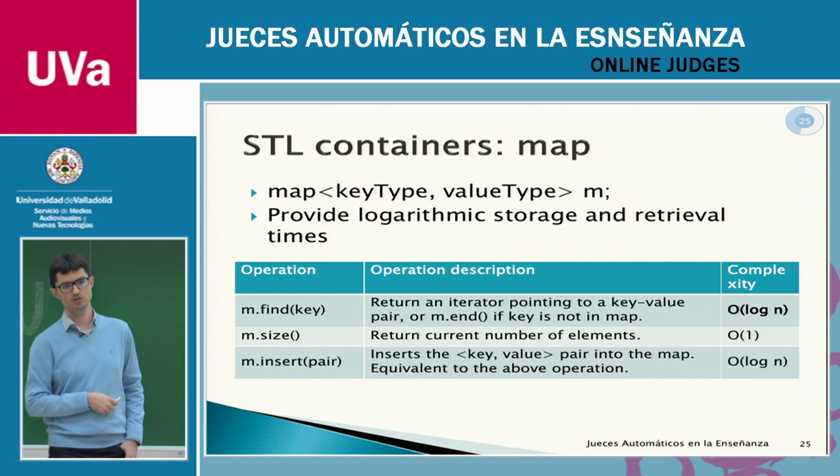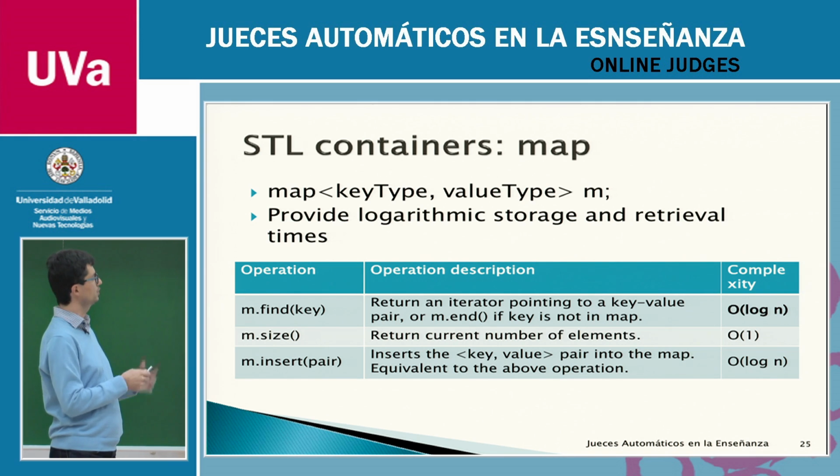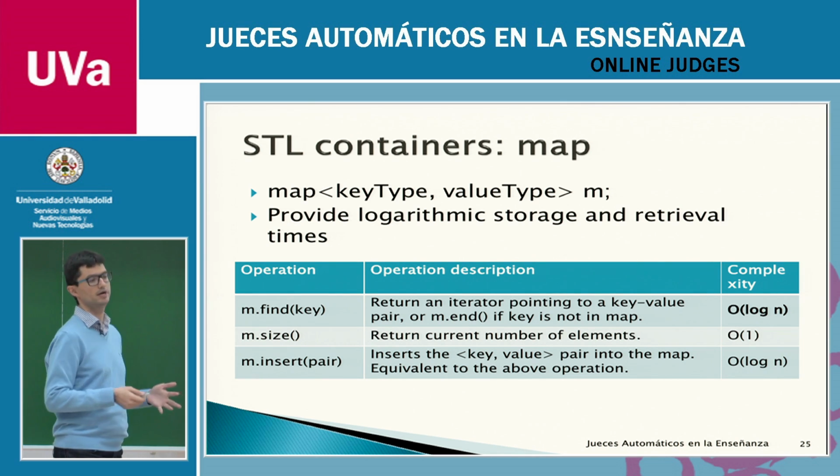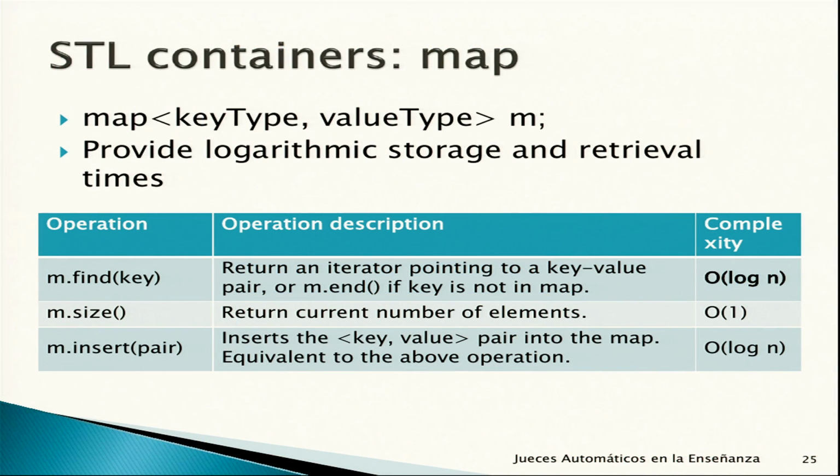A map is similar to a set, but all the elements in the map have a key and a value. The key is the one you use to find elements, and when you find an element, the key has information associated with it. For instance, if you are using a map for students in a university, the key might be the ID of the student, and the value may be all the information associated with the student.